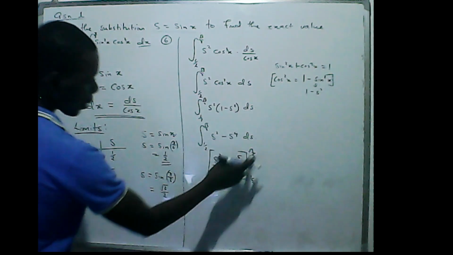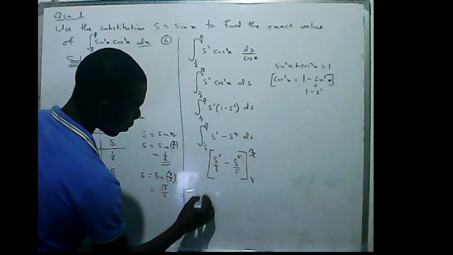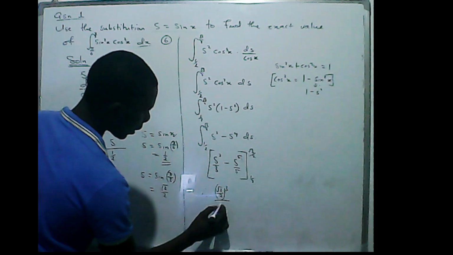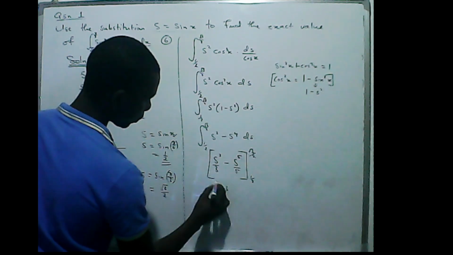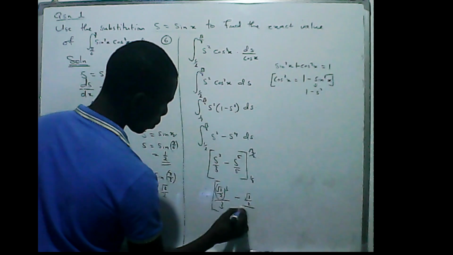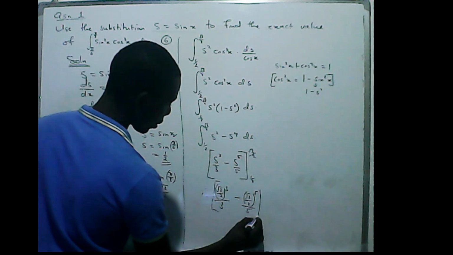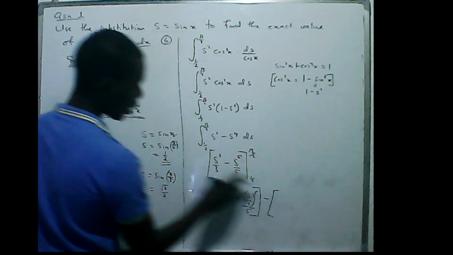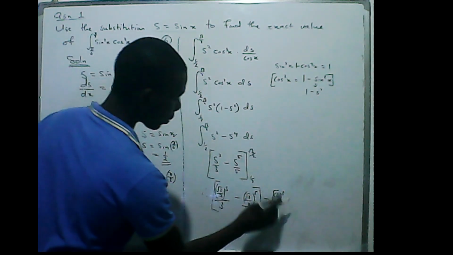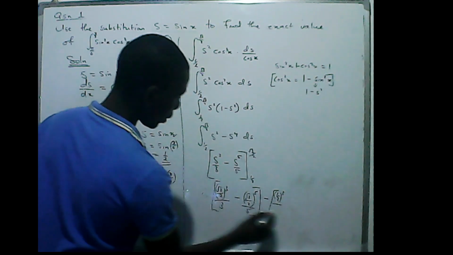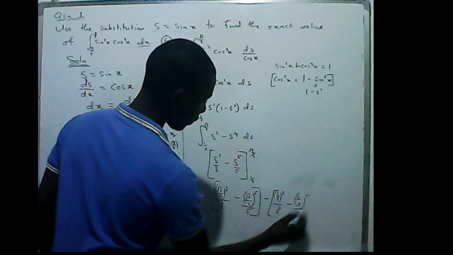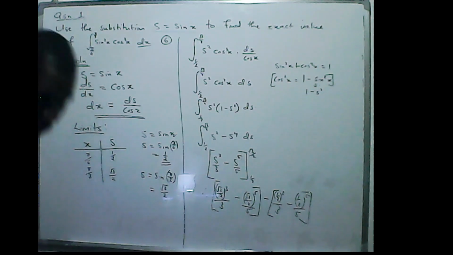For the upper limit, we have root 3 over 2 cubed divided by 3 minus root 3 over 2 to the power 5 over 5, minus, now we substitute half: half cubed over 3 minus half to the power 5 over 5. Then simplifying.